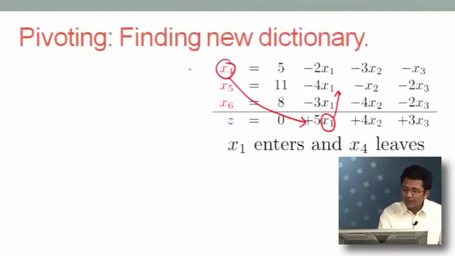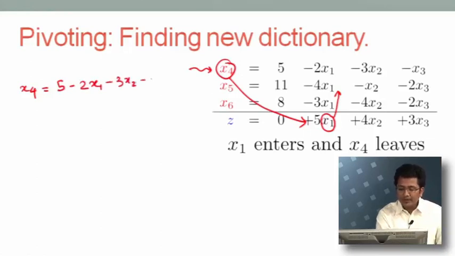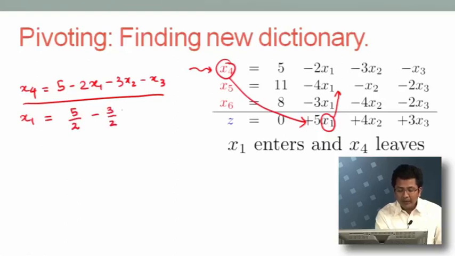I'm going to invert this guy. So I'm going to say, this says x4 is 5 minus 2x1 minus 3x2 minus x3. So if this is the case, then x1 better be 5 by 2 minus 3 by 2 x2 minus 1 by 2 x3 minus 1 by 2 x4.